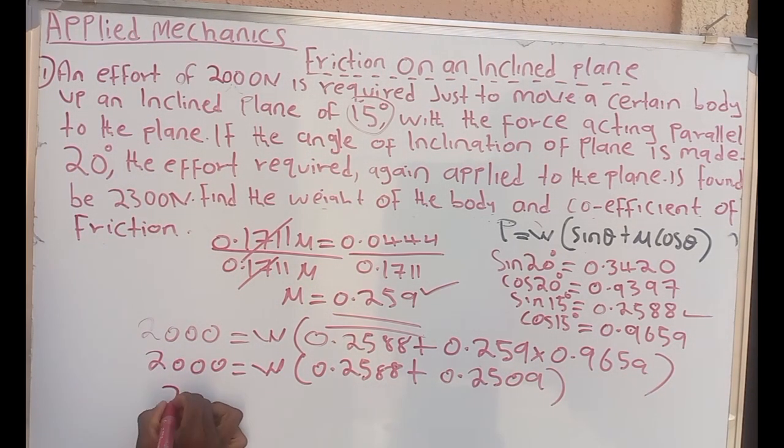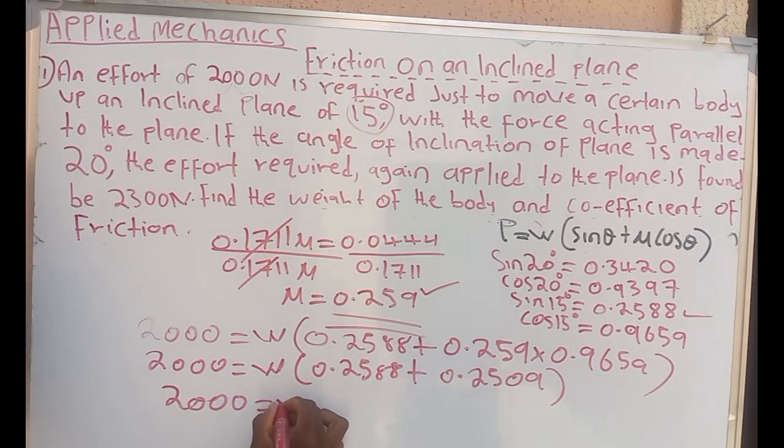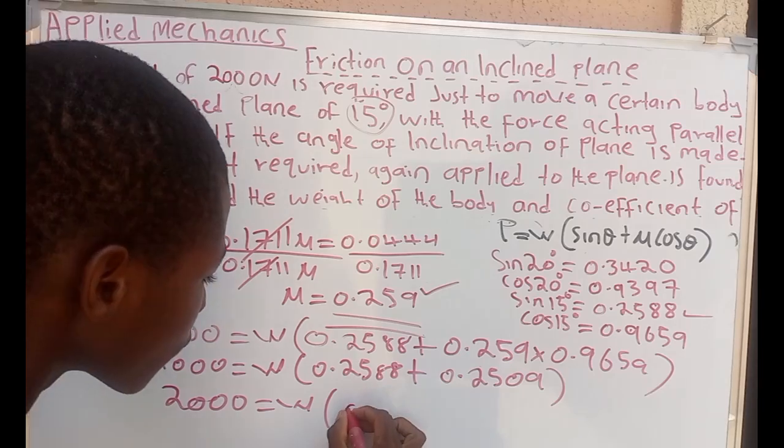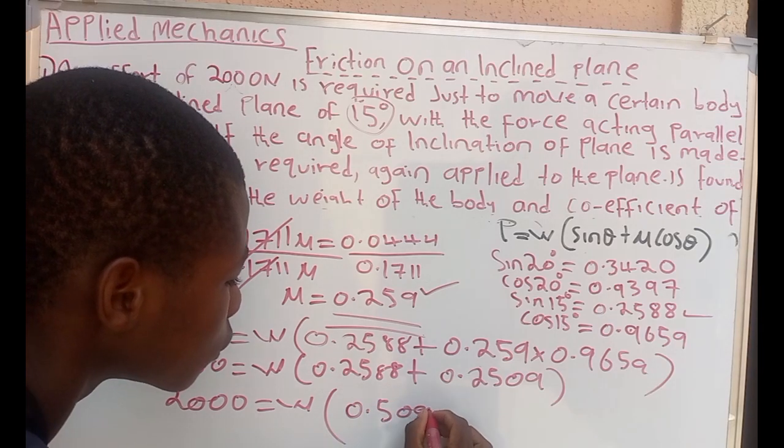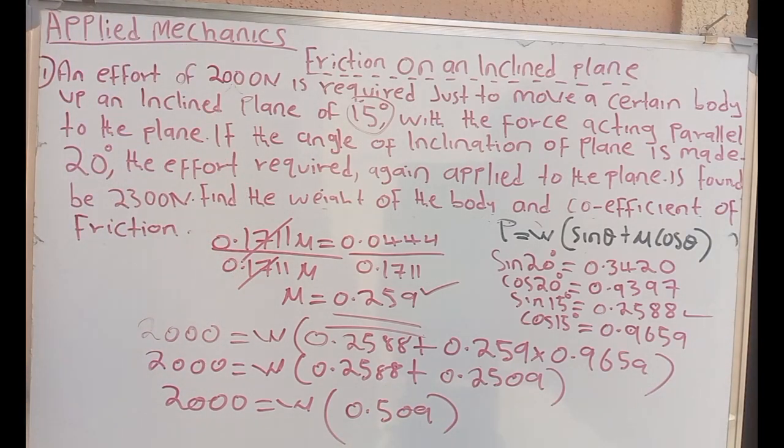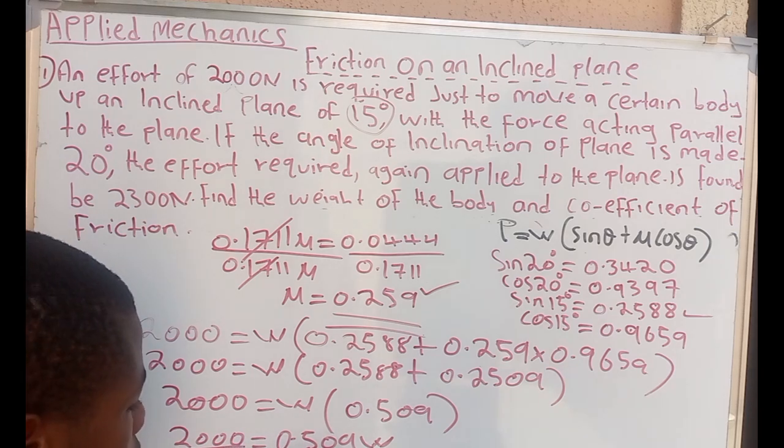So 2000 is equal to weight times this plus this. What are we having? We're having 0.509. So therefore, 2000 is equal to 0.509 weight. So we have to divide both sides by 0.509.